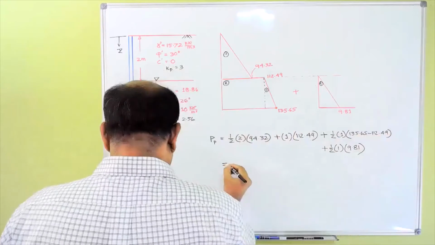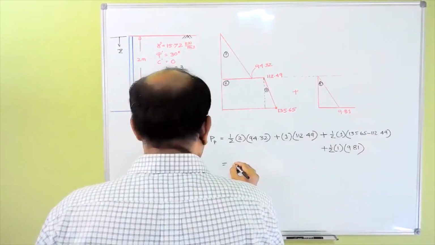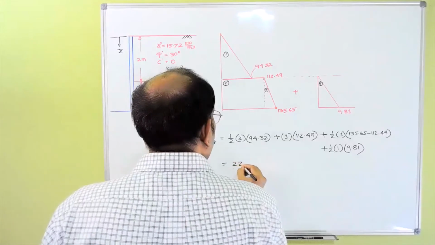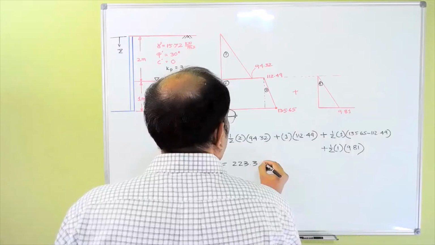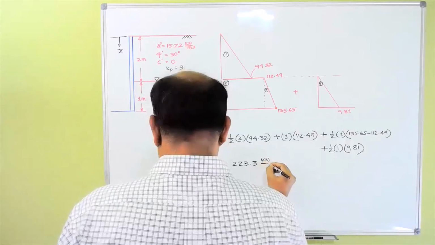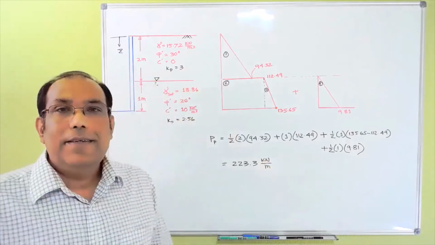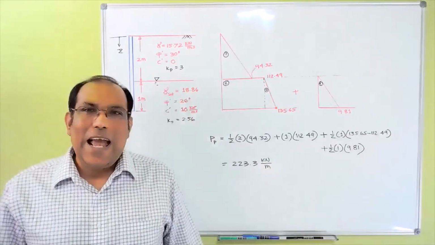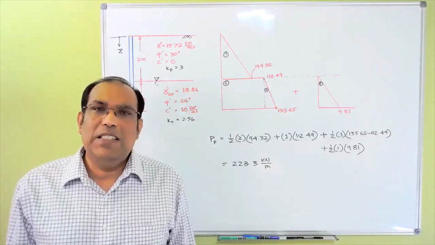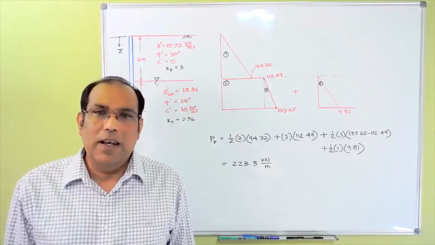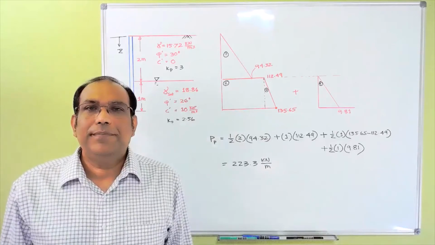So which is basically 223.3 kilonewton per meter length of the wall. Okay. They didn't ask here that the location of the force. If they ask that one, then basically you have to take a moment and try to find out what would be the resultant force. Okay.